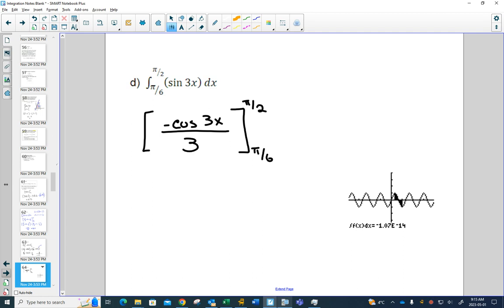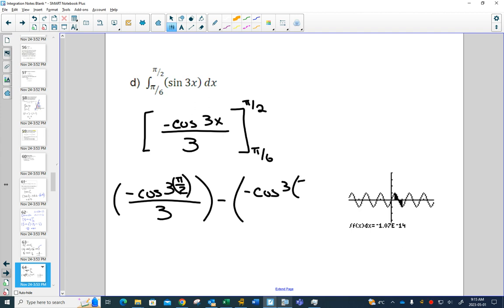And you can check if you got your integral right. And then we plug things in. So first of all, we'll plug in pi over 2. And then we subtract and we plug in pi over 6.